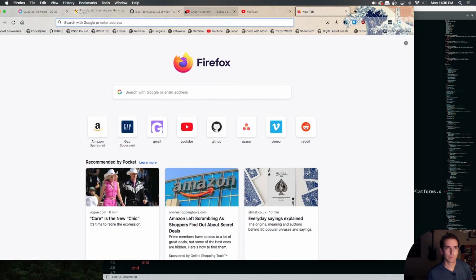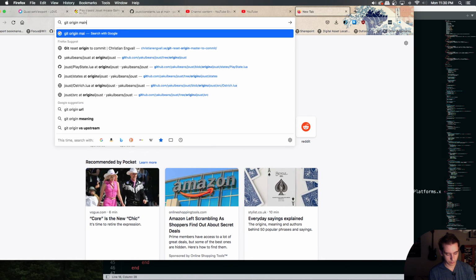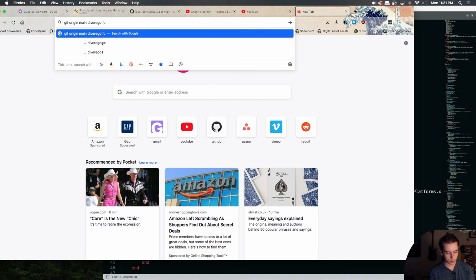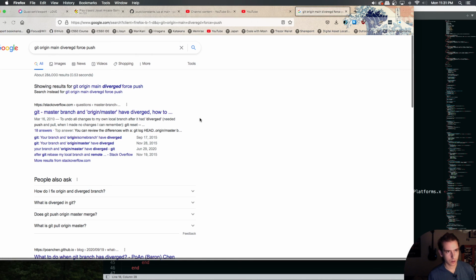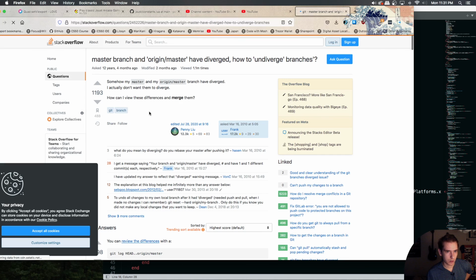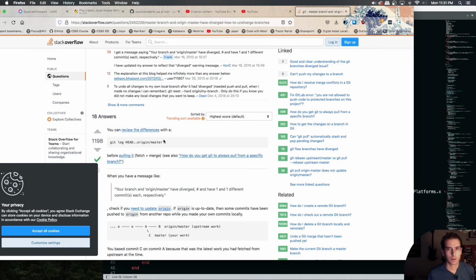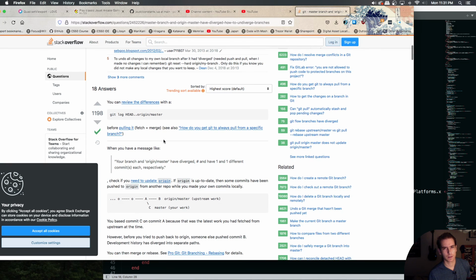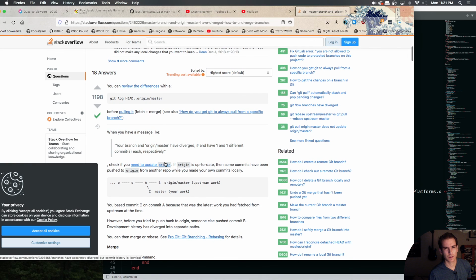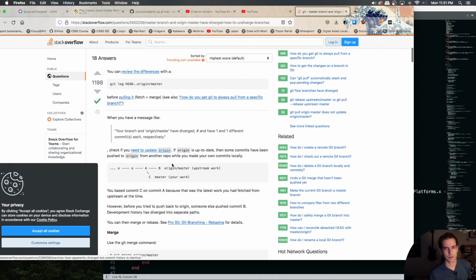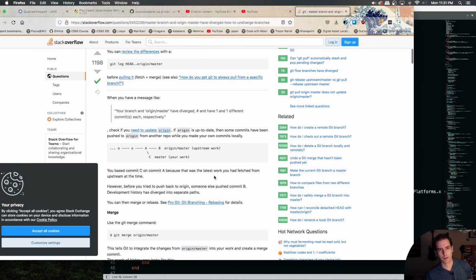Git origin main diverged, force push. Yes. When you try to push, when else can it be? Technically, you can then merge a rebase.